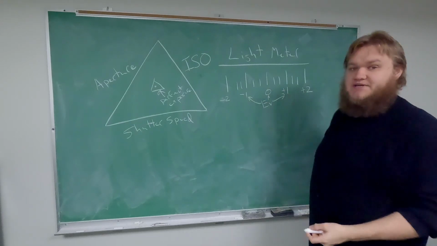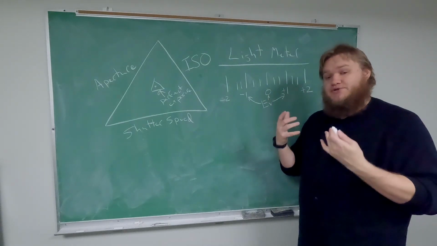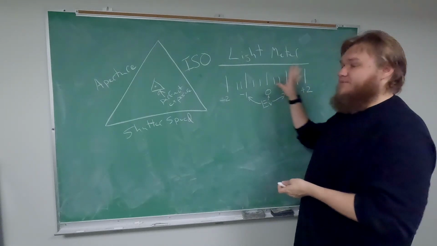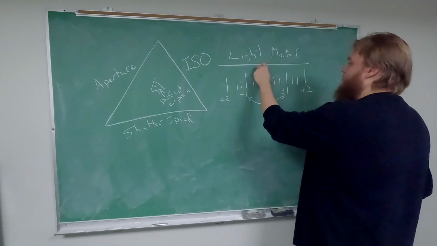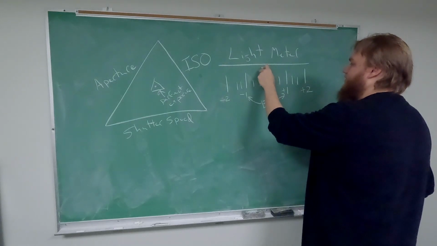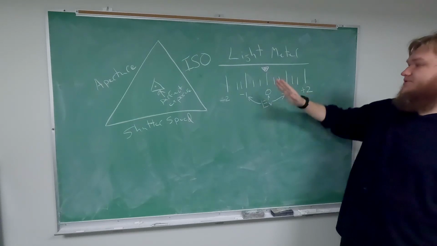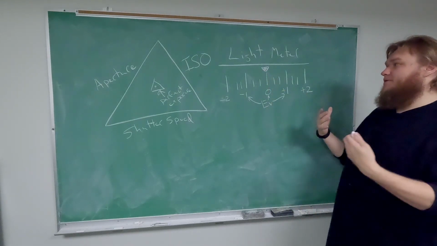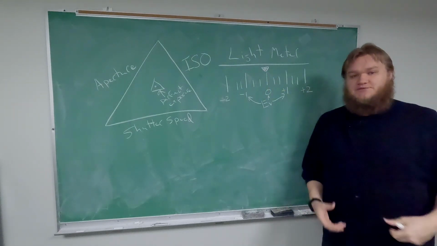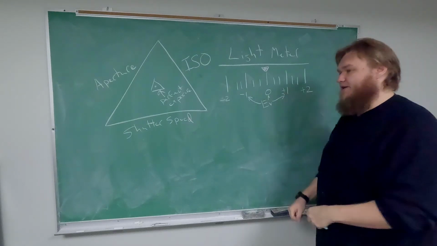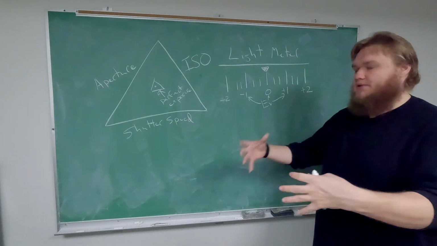Now, when you do a half press on your shutter button, whenever the light meter is active, you will usually see some form of cursor that's hovering above it. So in this case, the cursor is above the 0, so it is metering at 0 EV, which means it's a good exposure according to the light meter.